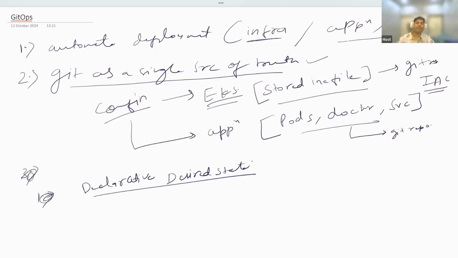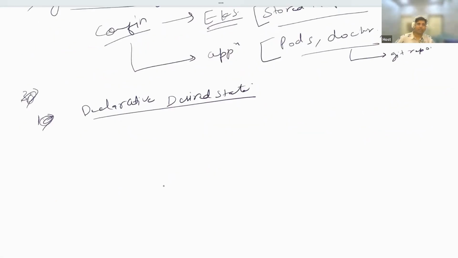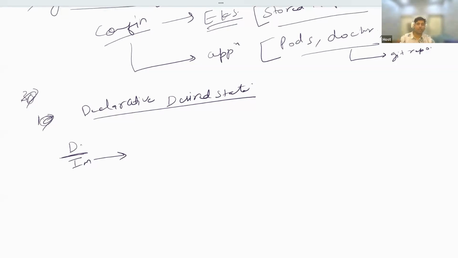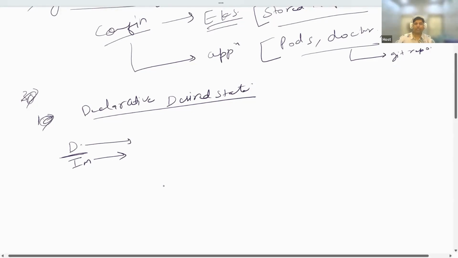It is basically a way of writing those configurations. There are two kinds of approach that you can use to write configuration: first is declarative, second is imperative. In imperative, when we create those configuration files, we write the exact step-by-step instructions too: this step you need to follow in order to create the EKS cluster. But when we use the declarative approach, we just have to write the final state.